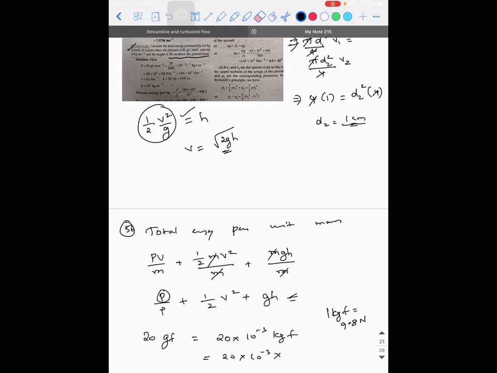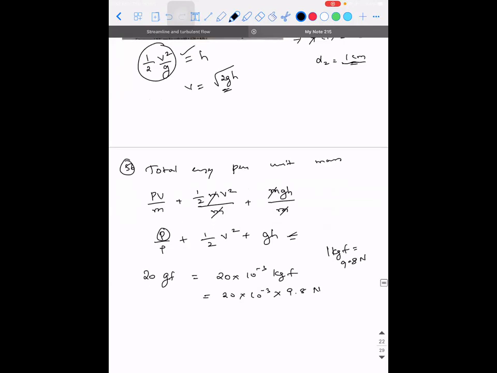Are you able to understand what I'm doing? So 20 into 10 power minus 3 kilogram force is 20 into 10 power minus 3 into 9.8 Newton. So 20 gram force per millimeter square is nothing but 20 into 10 power minus 3 into 9.8 divided by 1 millimeter, which is how many meter? 10 power minus 3, square.